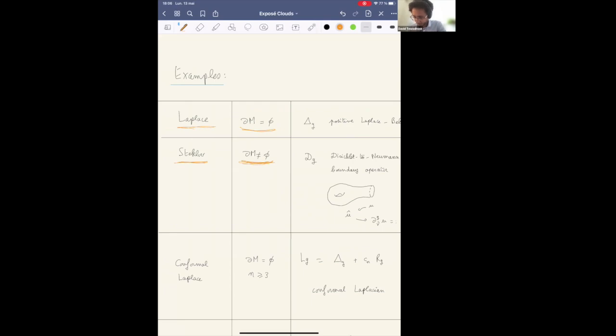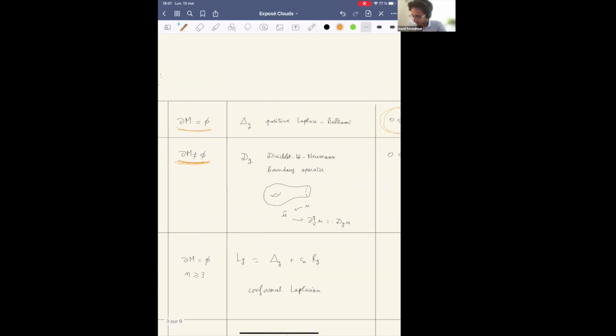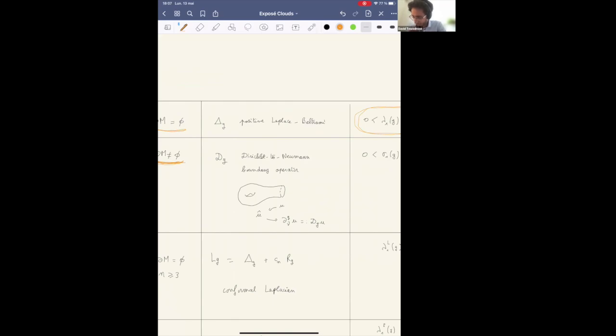This spectrum is the spectrum of the Dirichlet-to-Neumann boundary operator, D_g, which is defined as follows. If you have a function u defined on the boundary of your manifold, then you extend the function u harmonically to the whole manifold. So û is the harmonic extension of u on the whole manifold.